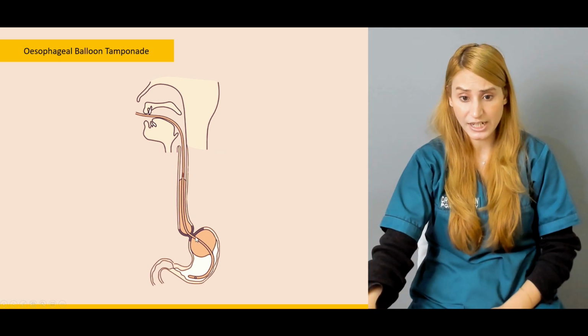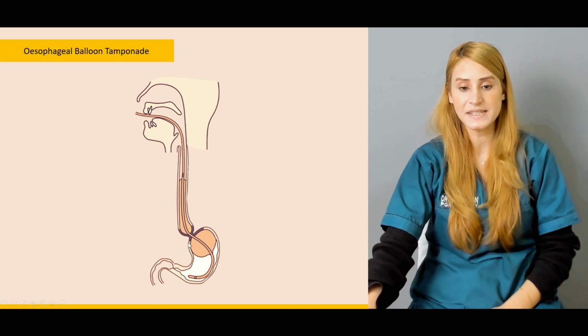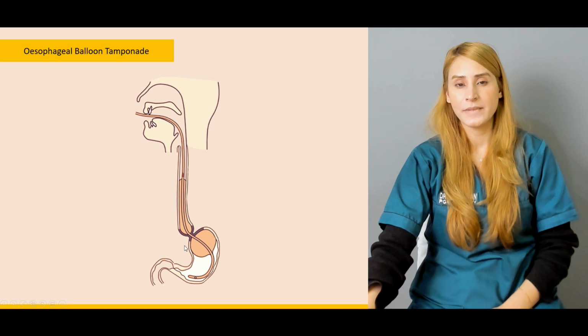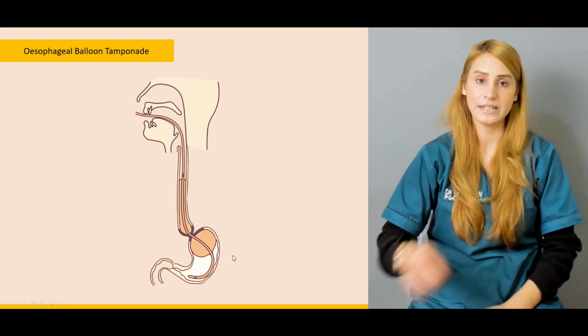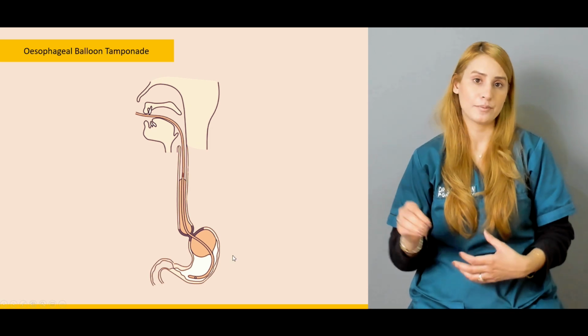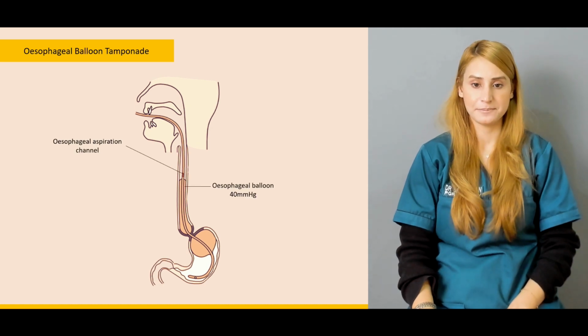If you can appreciate, this is the lower end of the esophagus, and at the lower end of the esophagus and the proximal part of the stomach there is usually the portosystemic anastomosis. You put the catheter and dilate the balloon here, and it gives a pressure effect to the point where it's bleeding.